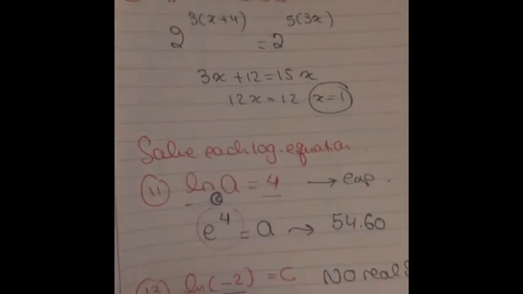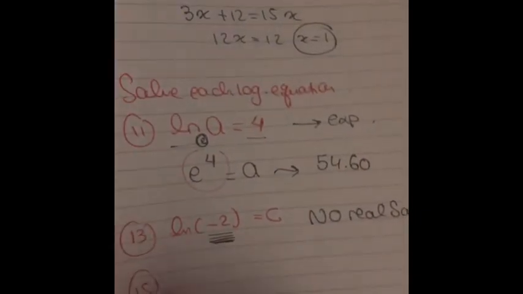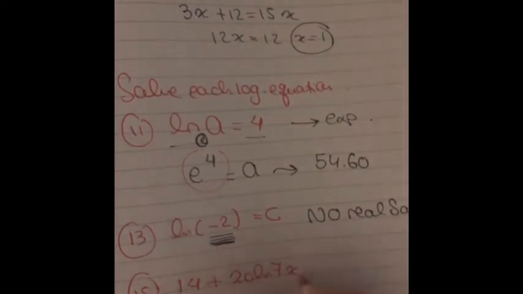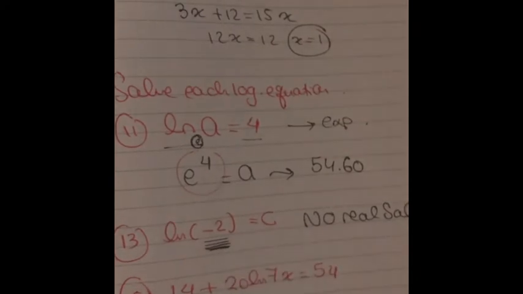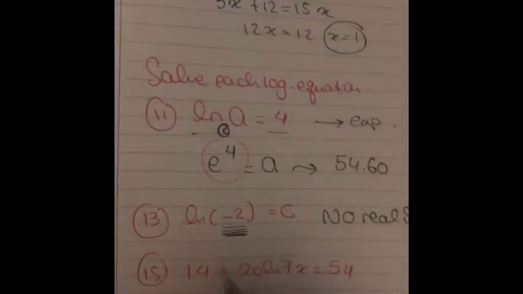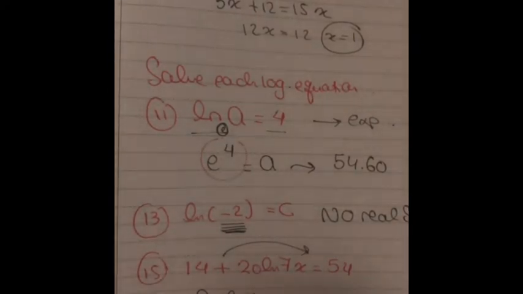For question number 15, let's say 14 plus 20 ln 7x is equal to 54. I would isolate the ln. I will send the 14 to the other side. So 20 ln 7x equals 54 minus 14, which is 40.